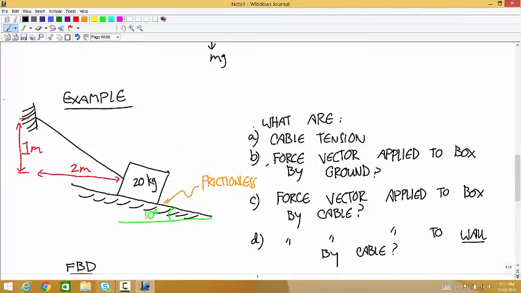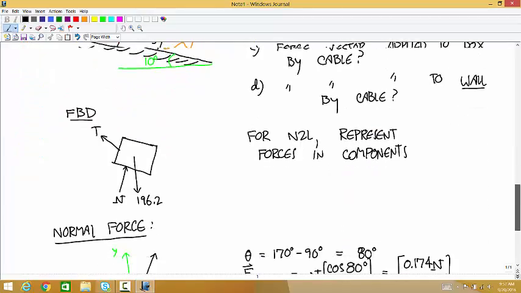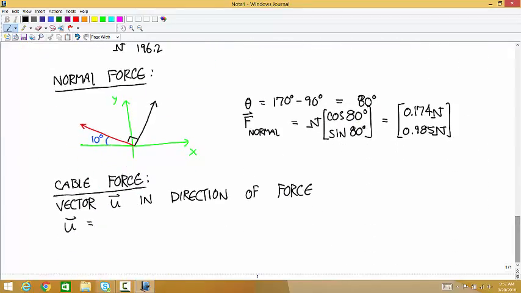It is 2 in the negative x direction, 1 in the positive y direction. So negative 2, 1. Any questions about the reasoning on that one?